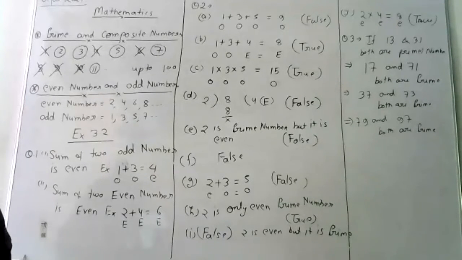It is divisible by 3. 21 is also a composite number, divisible by 3 and 7. And 91 is not a prime number, beta. It is divisible by 13 and 7.